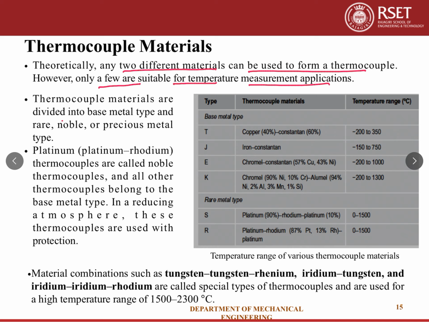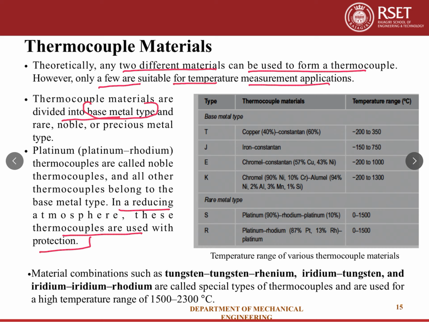Thermocouple materials are divided into base metal type and rare, noble or precious metal type. The platinum thermocouples are called noble thermocouples, and all other thermocouples belong to the base metal type. In a reducing atmosphere, these thermocouples are used with protection.